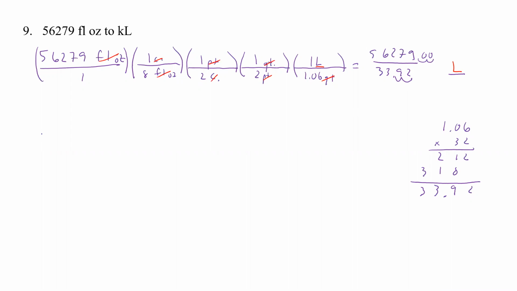And so that gives us then 3392 into 5627900.00, okay? And we'll leave that much as far as the number of decimal places, because once we think about it, if we have liters, then we have to go to decaliters, then hectoliters, and then kiloliters.